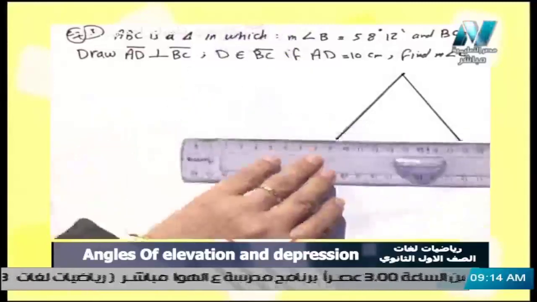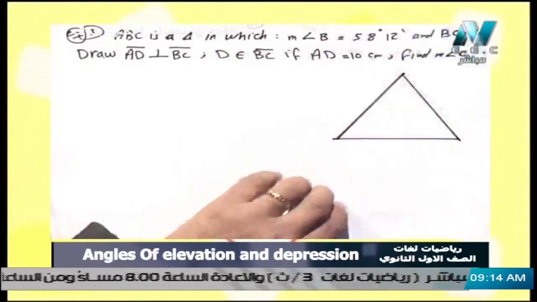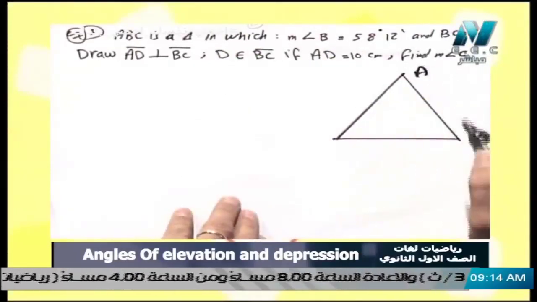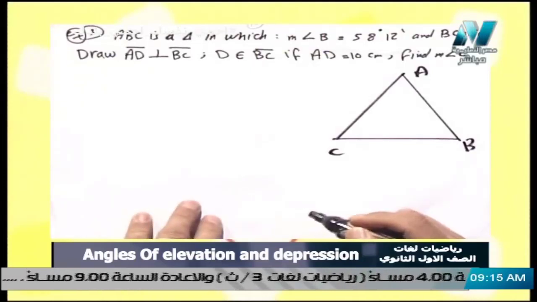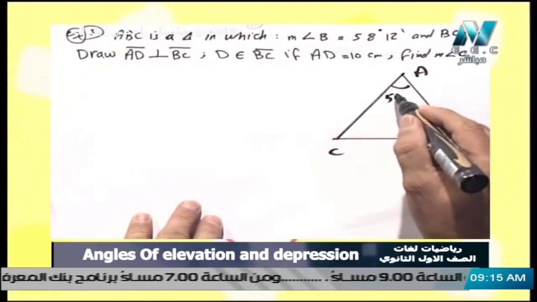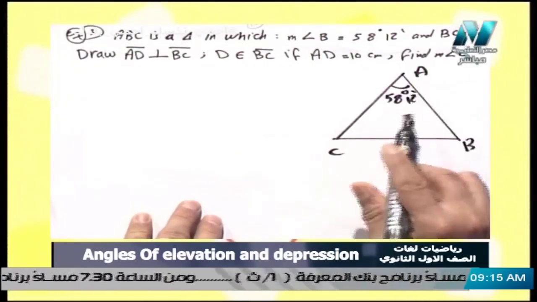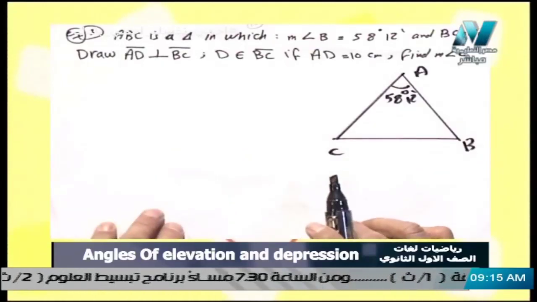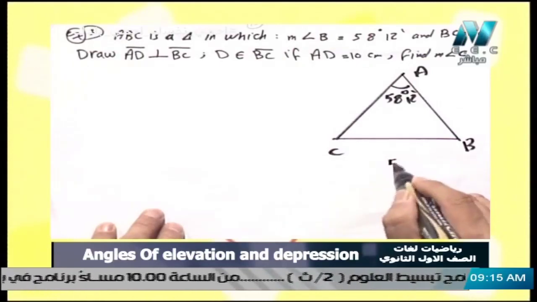He didn't mention that it is right, so we will draw it as an acute angle triangle A, B, C, and he gives us the measure angle B equals 58 degrees and 12 minutes, and BC equals 15 centimeters.